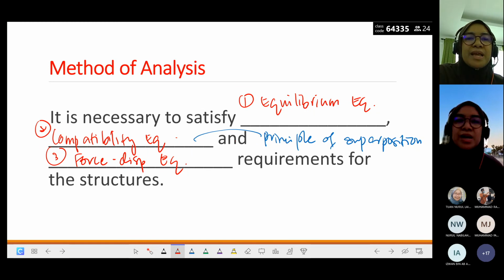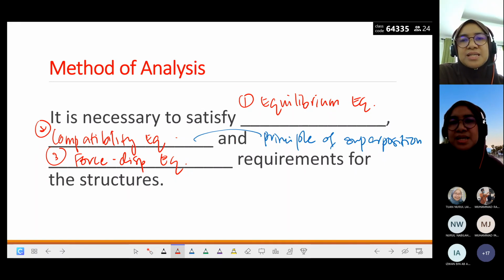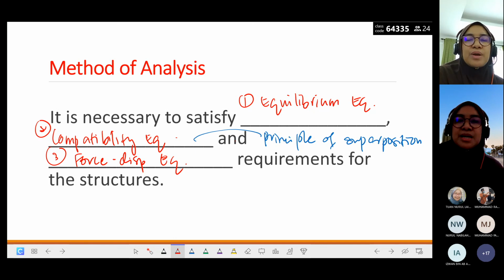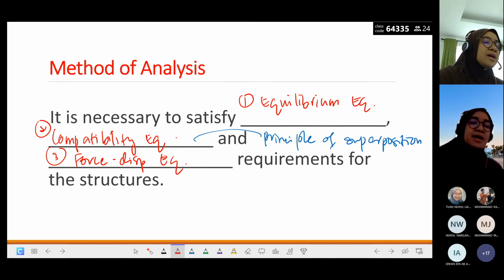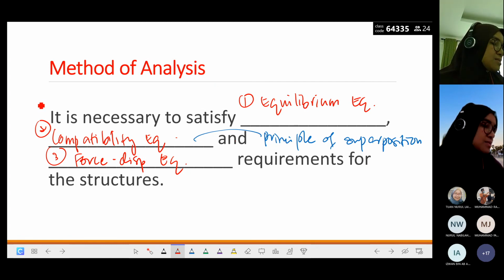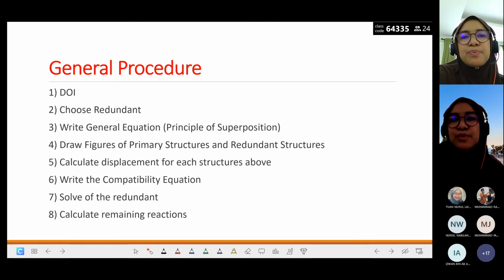Then we have to fulfill the compatibility equation, which comes from the principle of superposition, and lastly we also apply the force displacement equation or principle in order to complete the indeterminate structure analysis. Next, these are the general procedure.